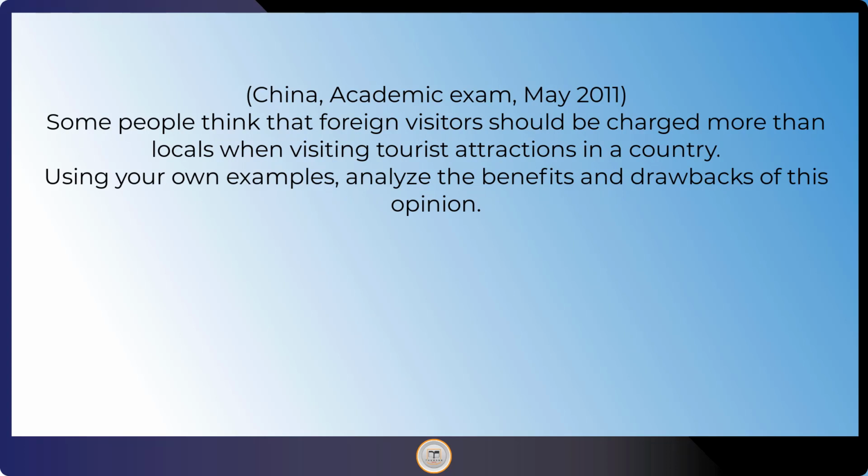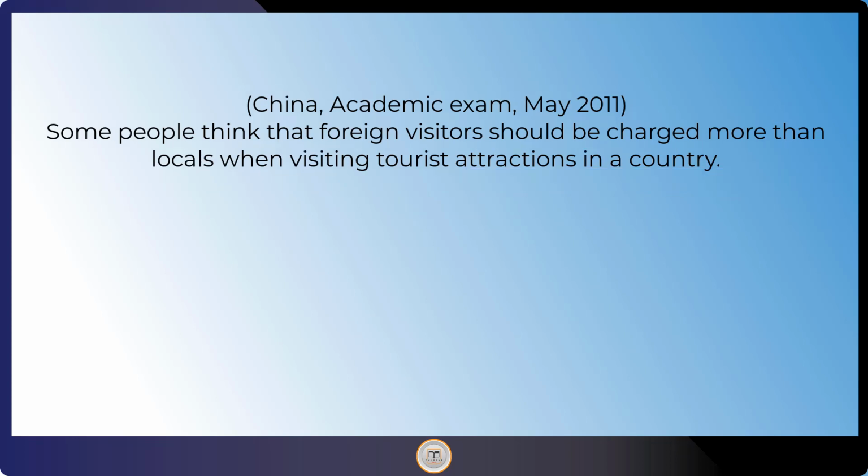Using your own examples, analyze the benefits and drawbacks of this opinion. I'll let you read that to yourself. Okay, benefits and drawbacks, which simply means the good things and the bad things, the positive points and the negative points. So, again, this would be a discussion style of essay response.